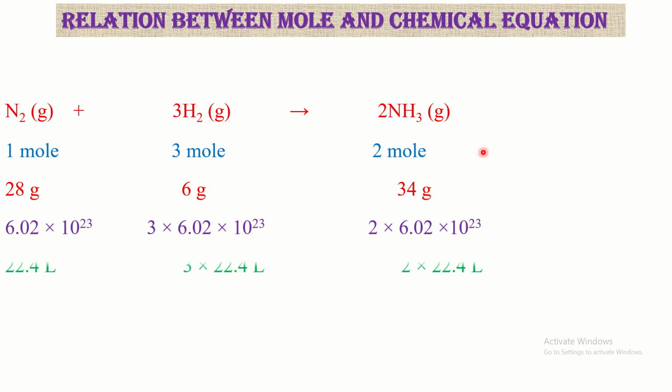So at STP, 22.4 liter nitrogen reacts with 3 into 22.4 liter hydrogen, and they give 2 into 22.4 liter ammonia. This is stoichiometry, and from there we can calculate any reactant or any product from the other reactants and products.